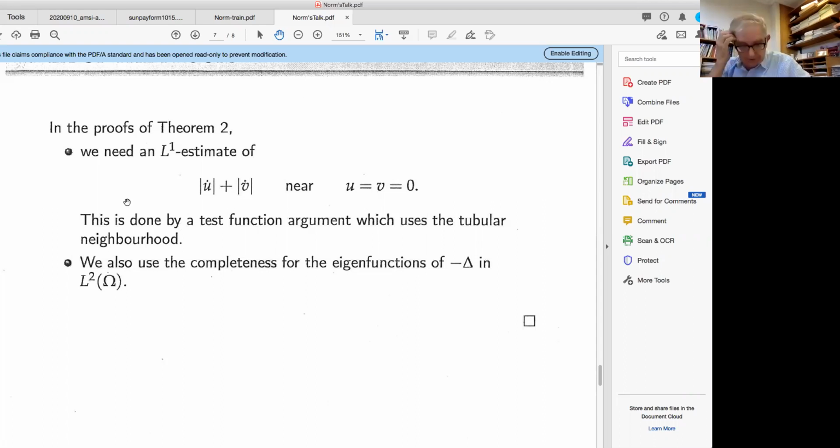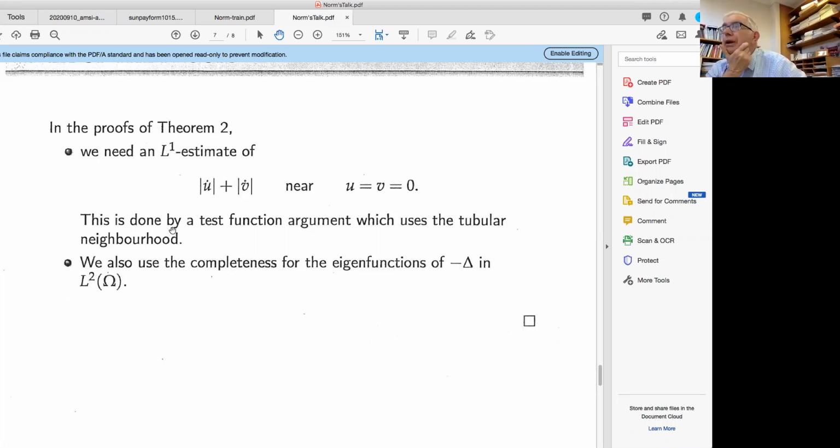In the second theorem, the problem is we can only get the L1 estimate, meaning the estimate for the integral of the absolute value of u dot plus the absolute value of v dot. You estimate the integral of that, and you can show it is small near u equals v equals 0, which is much weaker than the other one. In doing that estimate, you need two things.